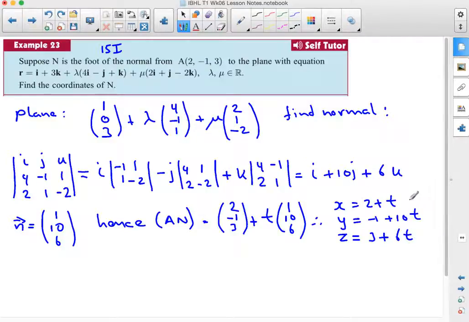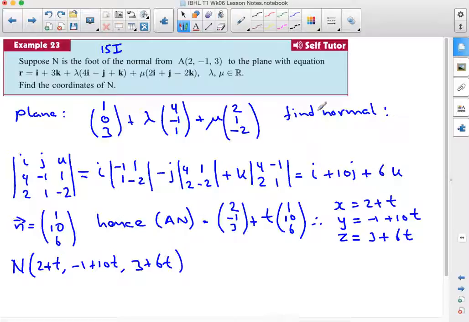And point N is on that line, so N must have coordinates 2 plus t, negative 1 plus 10t, 3 plus 6t. And these coordinates depend on t. Now we will need to intersect the line AN with the plane that we have.